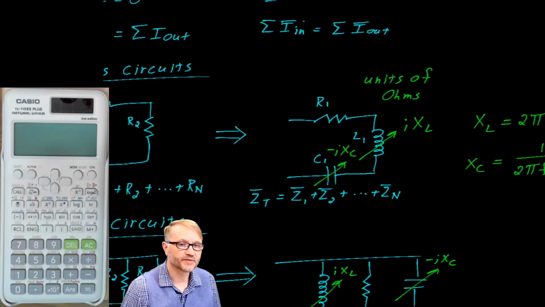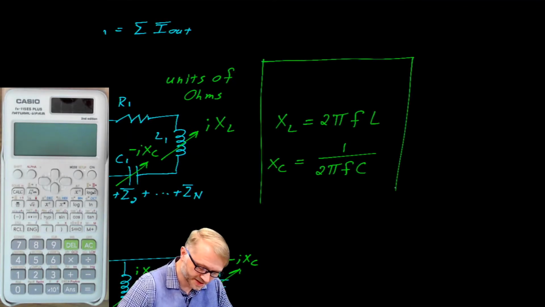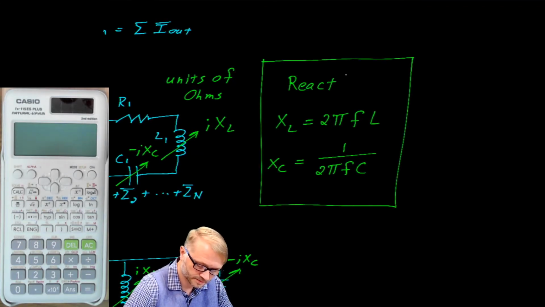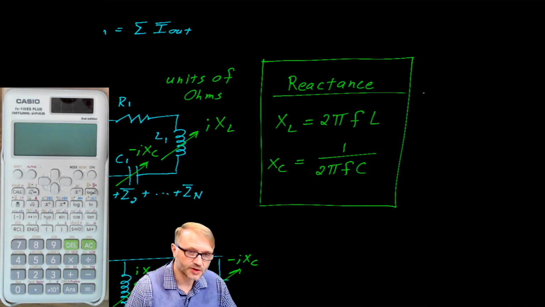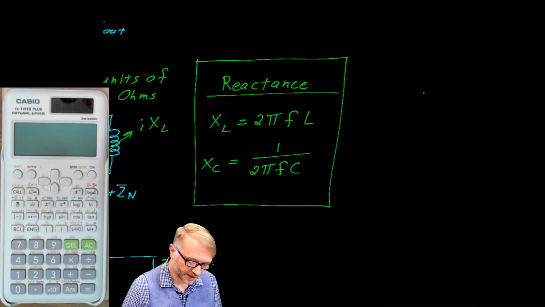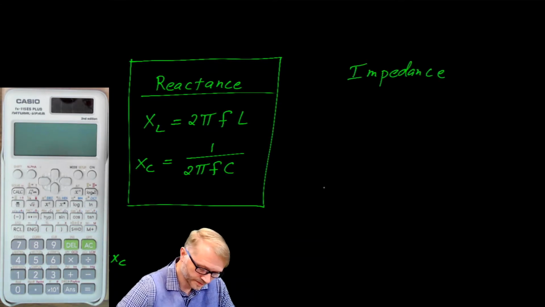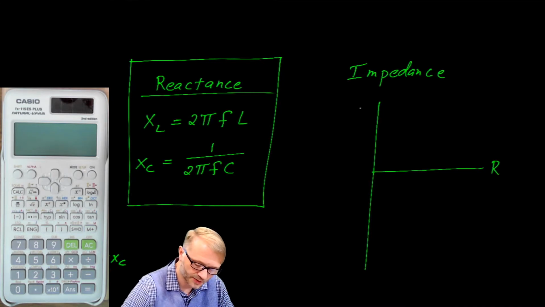We mentioned this before, but it bears repeating. This piece is reactance. You'll notice there are no imaginary components associated with reactance. Reactance is a scalar. What we need to do is calculate impedance. And the impedance requires use of the real imaginary plane.